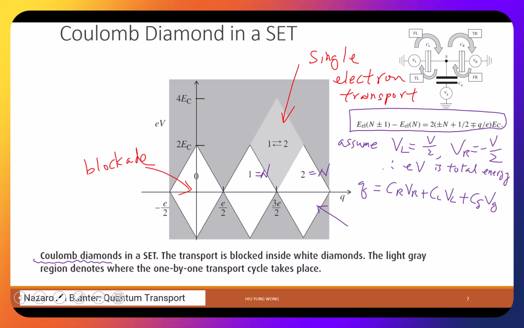If you forgot what he's talking about, I'm going to erase it. But last time we had something like this, and then we have the energy, and then we have this curve. Remember? For a certain gate voltage, you find this is the lowest energy, and this corresponds to n equal 1.